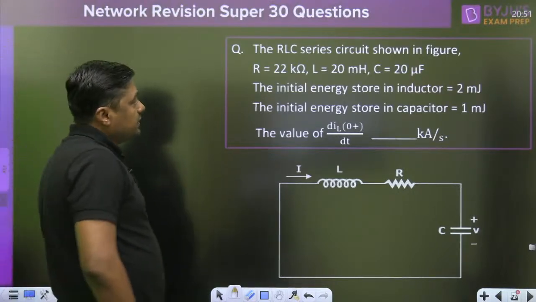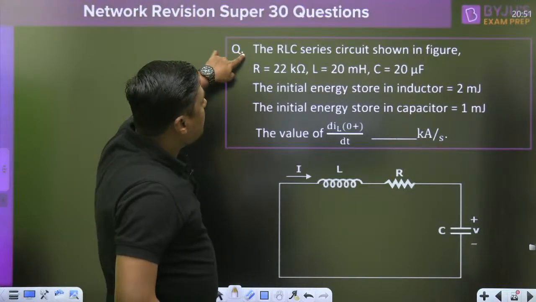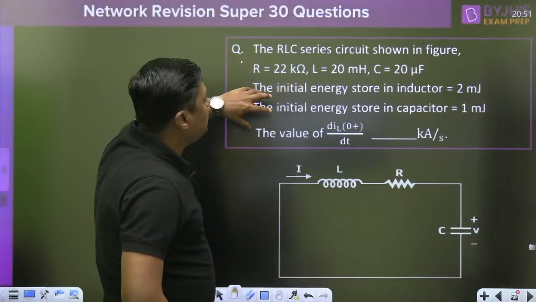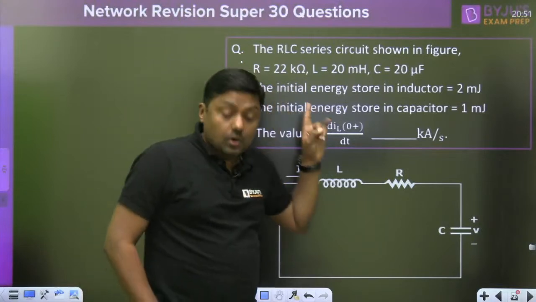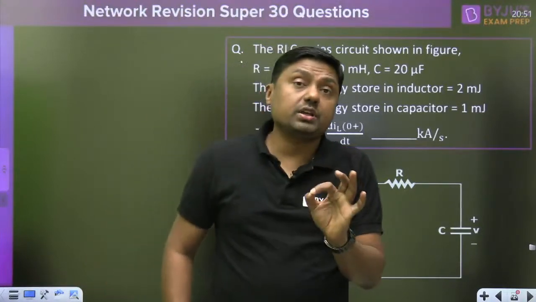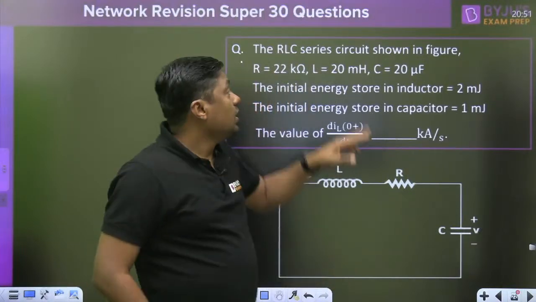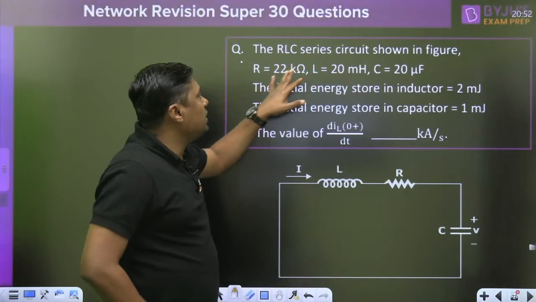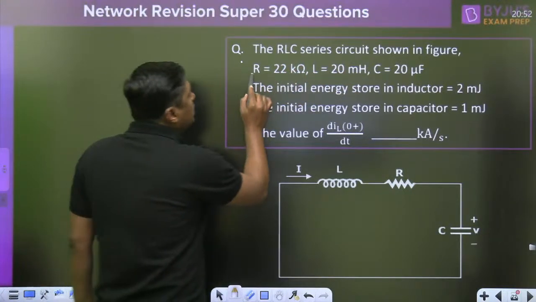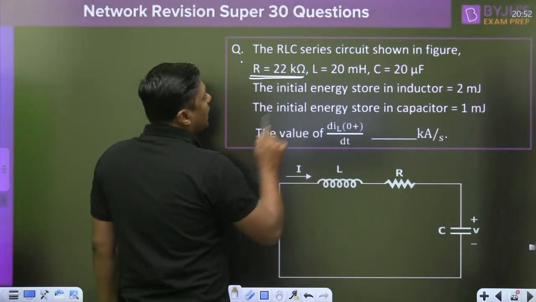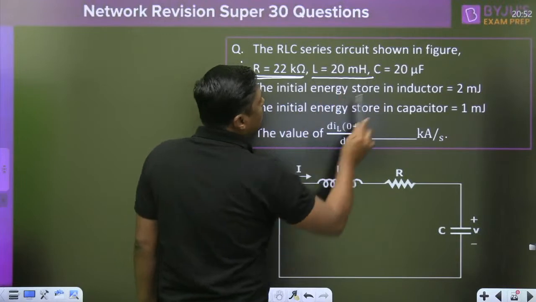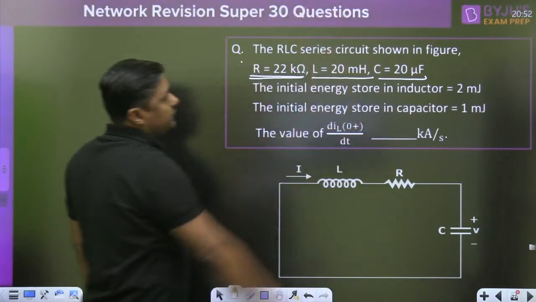Now please tell me, RLC series circuit shown in the figure. Everyone read the question carefully, go through the proper units. RLC series circuit shown in the figure, R is equal to 22 kilo ohm, L is equal to 20 millihenry, C is equal to 20 microfarad.